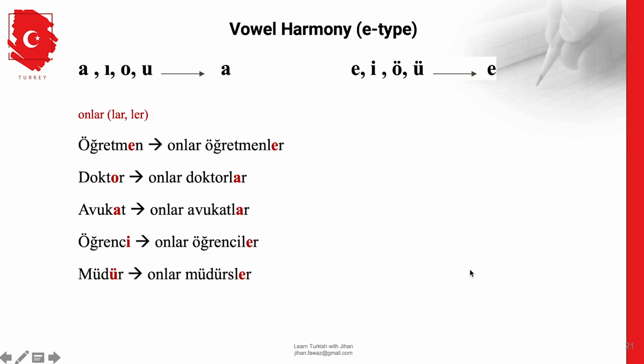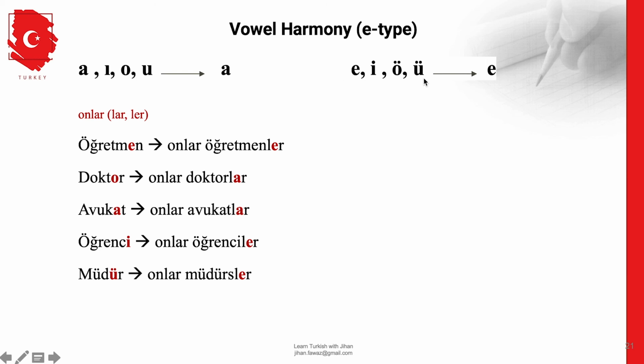And the last pronoun is onlar. Now onlar is the exception. In onlar, we follow the following vowel harmony, which is the A type or the E type, which says, if it's a, o, u, I use only a.